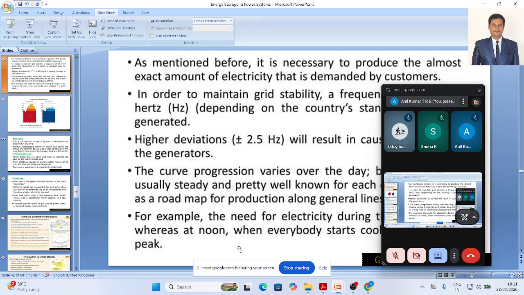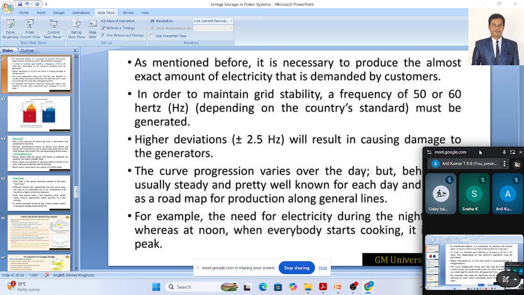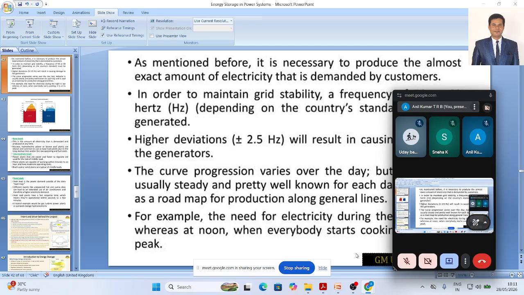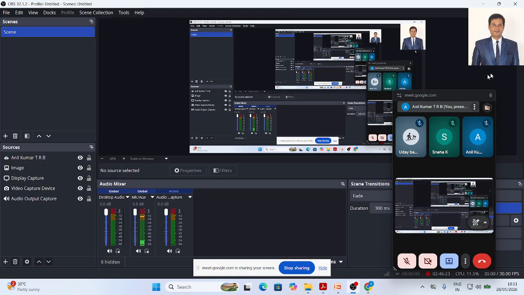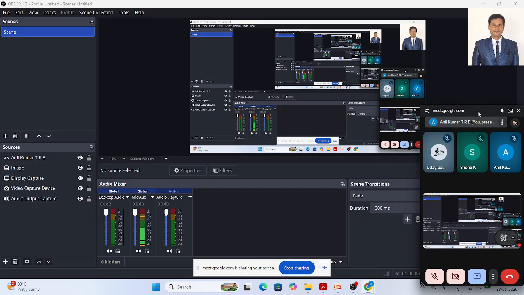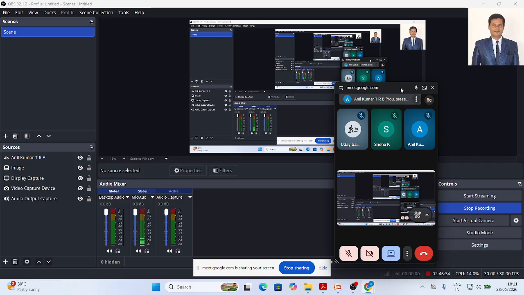So is this visible? Uday, Sneha? Is it visible? Uday?